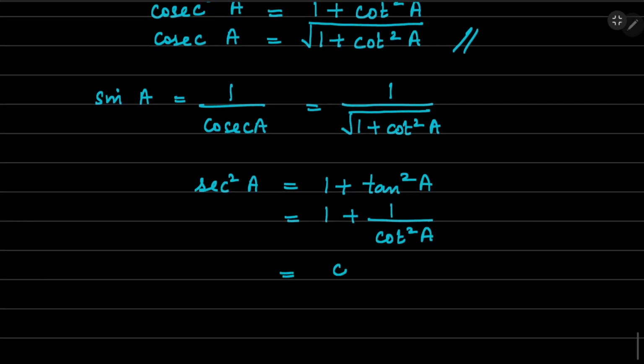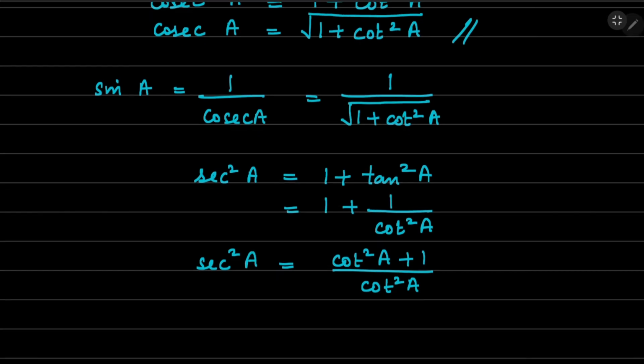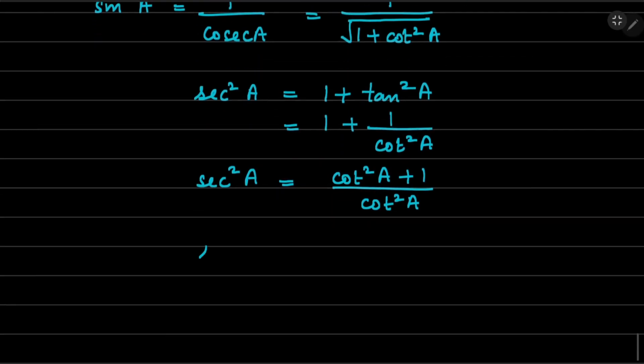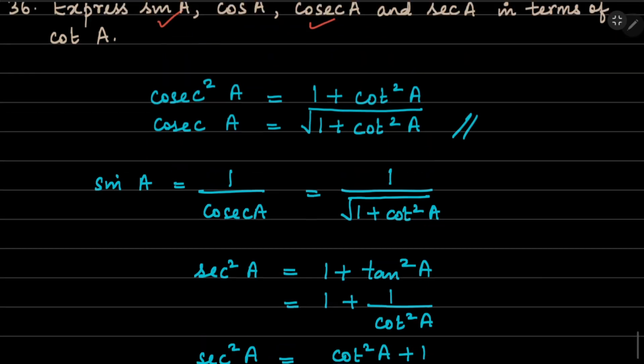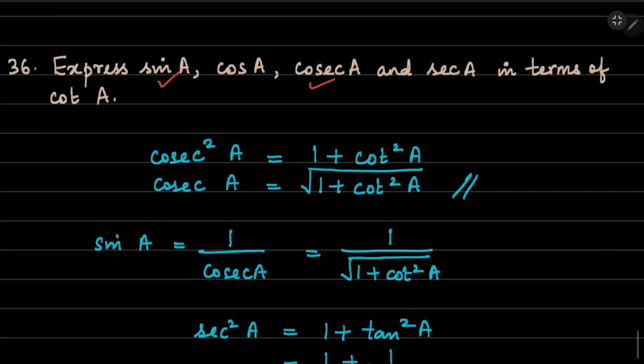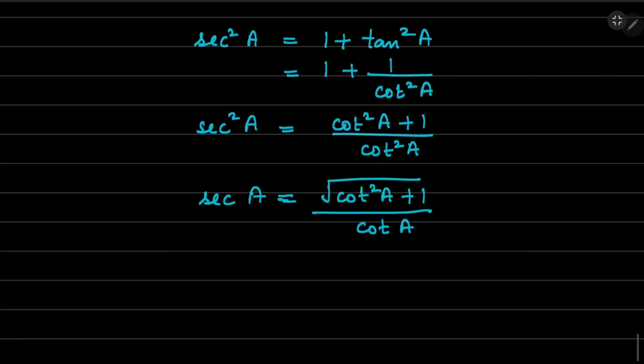So when you take the LCM, you'll have cot square A plus 1 divided by cot square A. This is nothing but secant square A. So what is secant A then? Secant A is equal to root of cot square A plus 1 divided by cot of A. This is secant A. Okay. So I have also expressed secant A in terms of cot A.